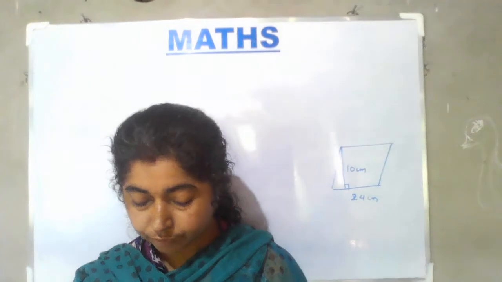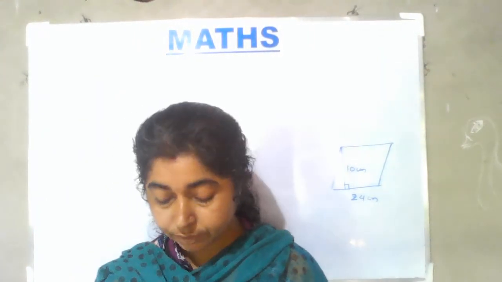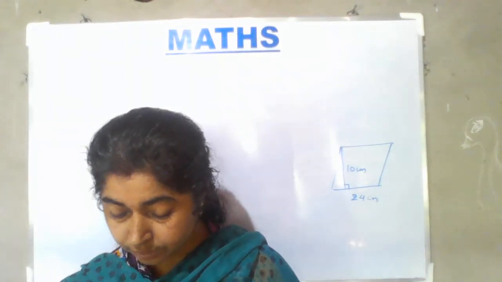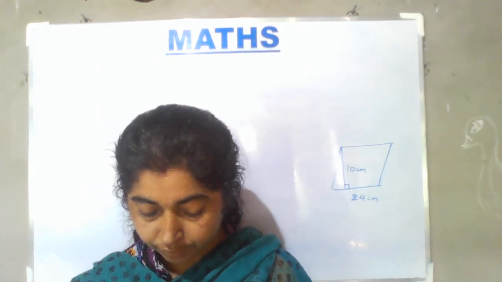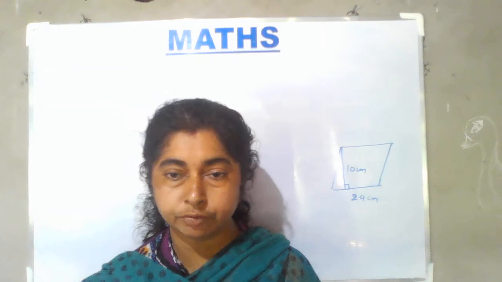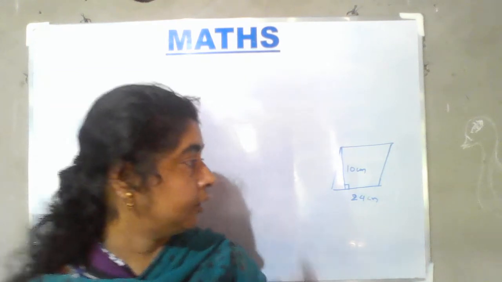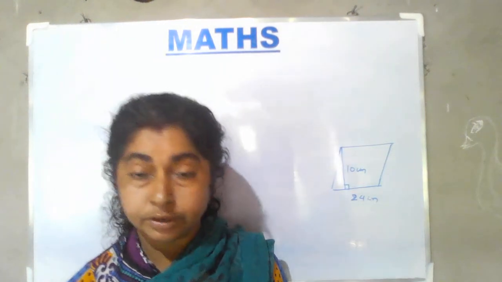The question is, a flooring tile has the shape of a parallelogram whose base is 24 centimeter and its corresponding height is 10 centimeter. How many such tiles are required to cover a floor of area 1080 square meters? How will you find the number of tiles? Here the area of floor is given.